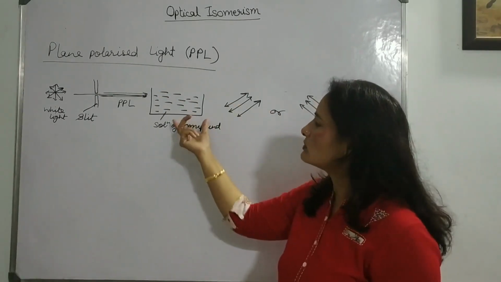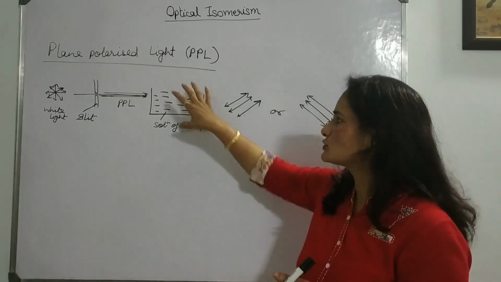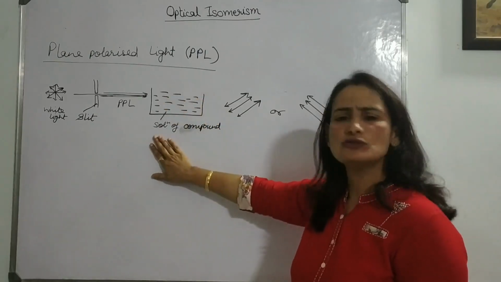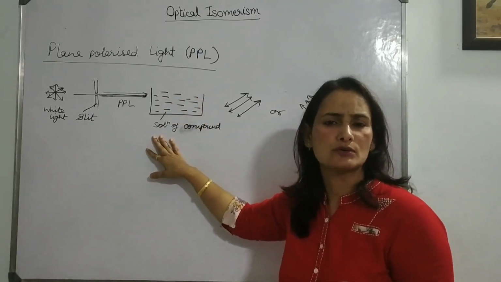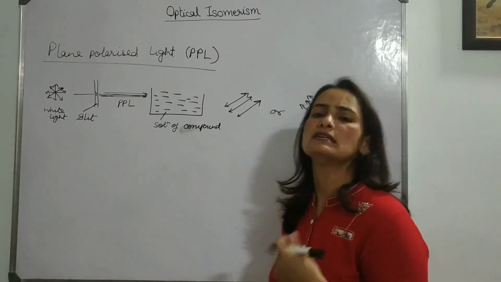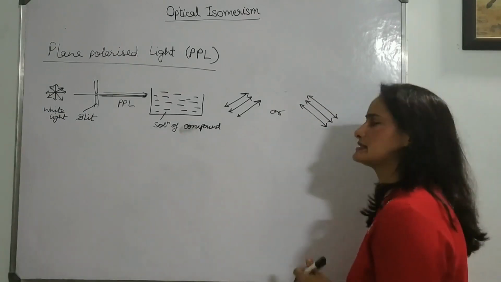So if your compound is capable of rotating the PPL when passed through its solution or gaseous form, both are allowed. But basically the solution gives a better result than the gaseous form, which is why it is more usually taken in examples.